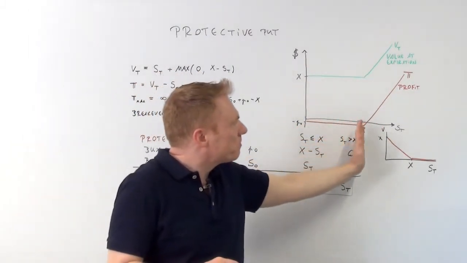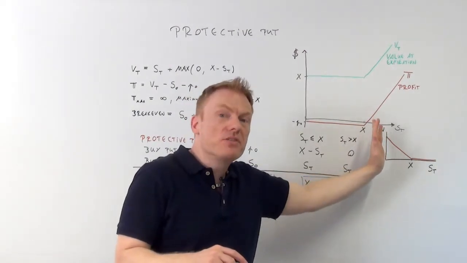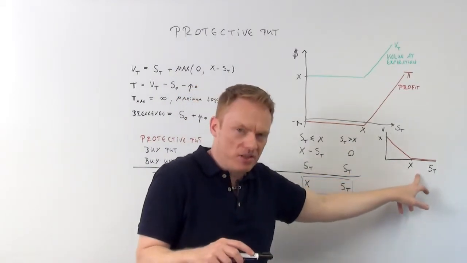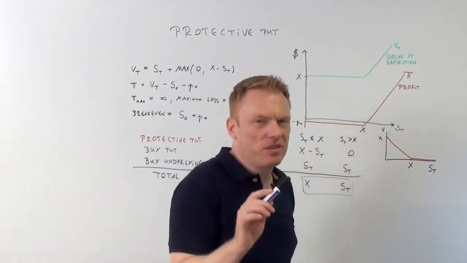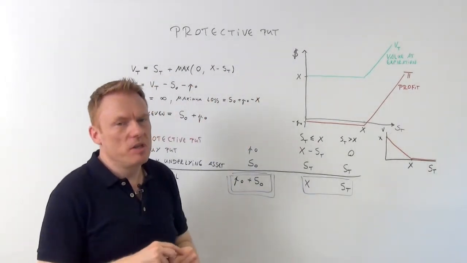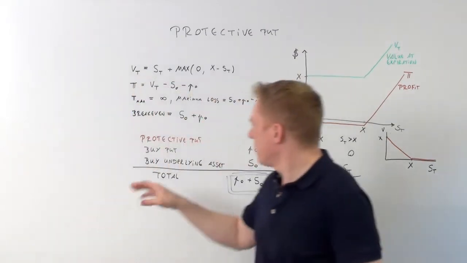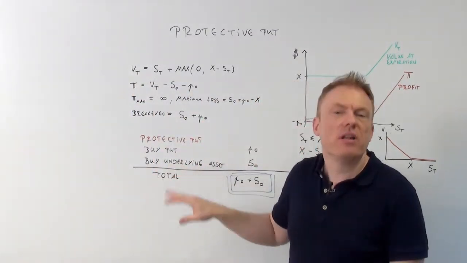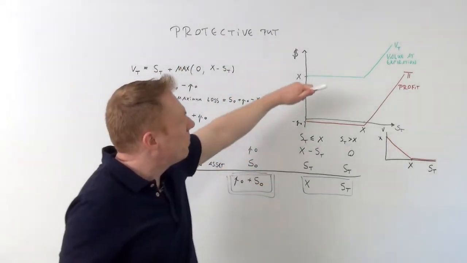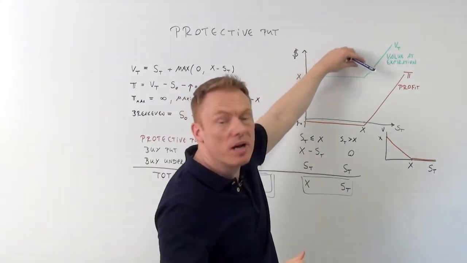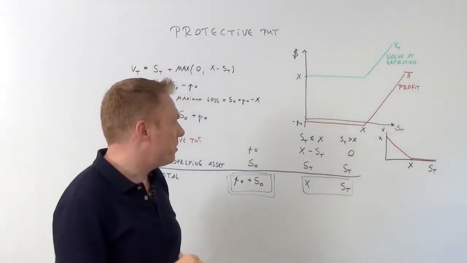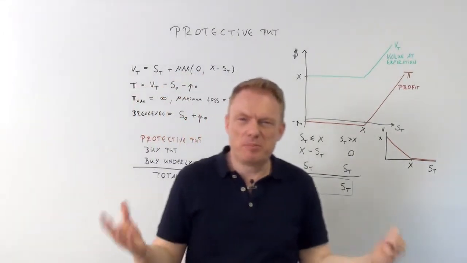Because if the stock price is strictly superior to the exercise price, we will not exercise the put, because this would only lead to losses. But we have the underlying asset, whose value will rise. So this gives us a rising value at expiration, and as well a rising profit. So that's important to understand.